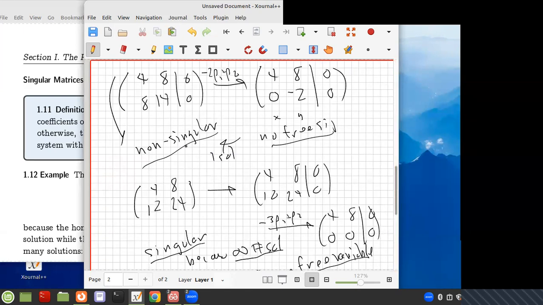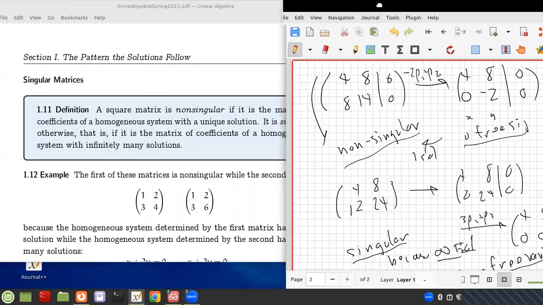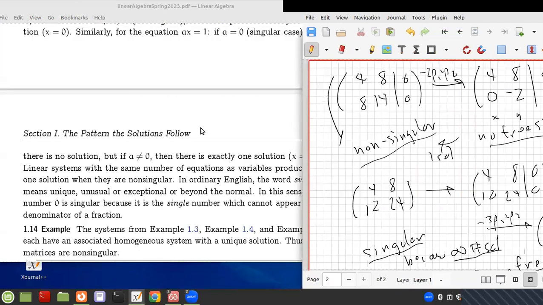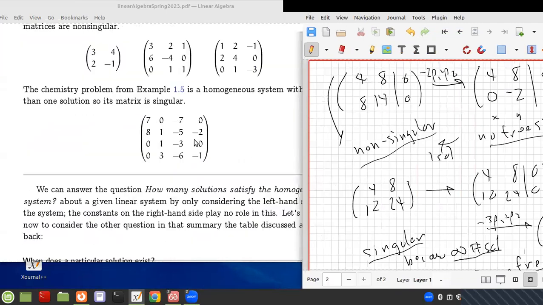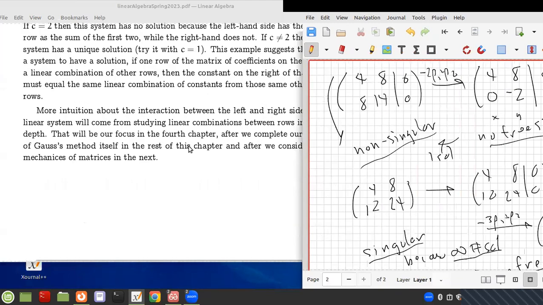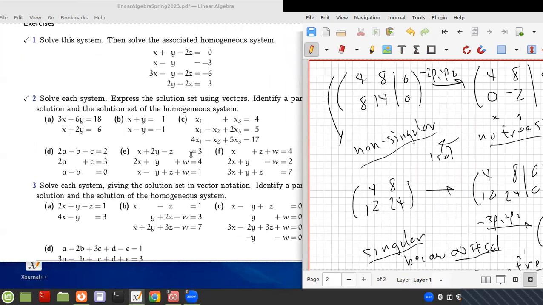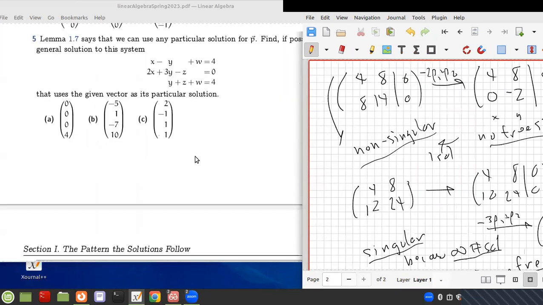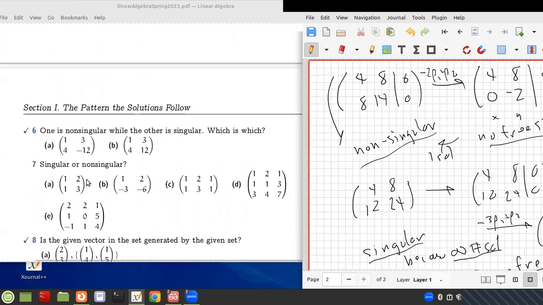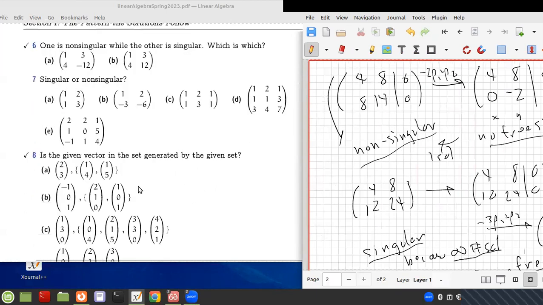That's what you want to do on the homework problem for this issue. And there's more in the text that does this, and we will practice this. Here are some examples: which of these are singular and non-singular?